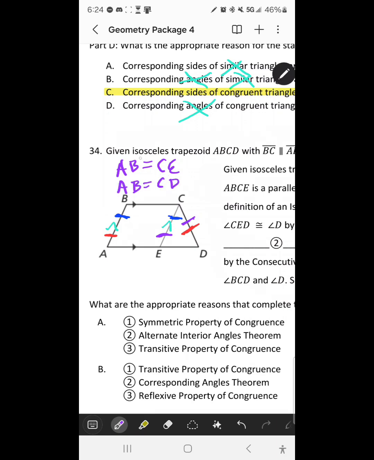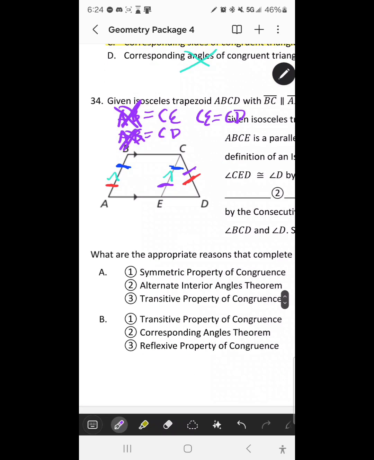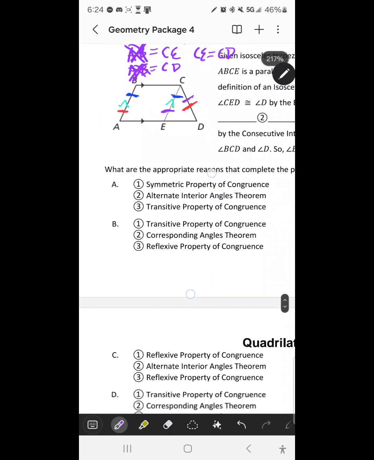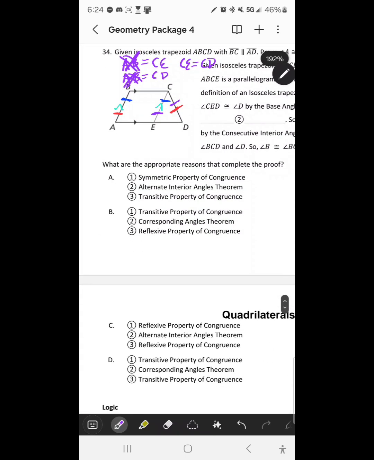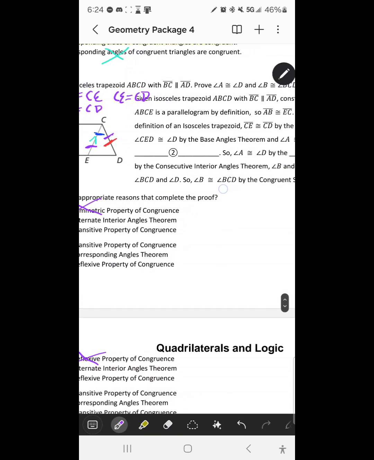Then I can cancel out AB and say that CE equals CD. Every time that I can cancel out something like this, it is the transitive property, specifically for sides or angles. So let me check this. I see reflexive here, I see symmetric here, and then transitive. So I'm fine with that.